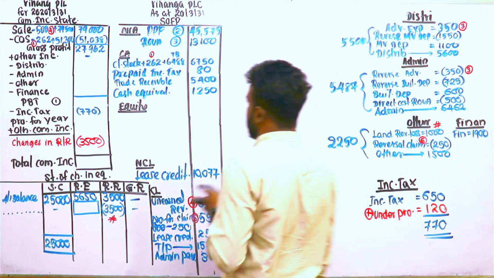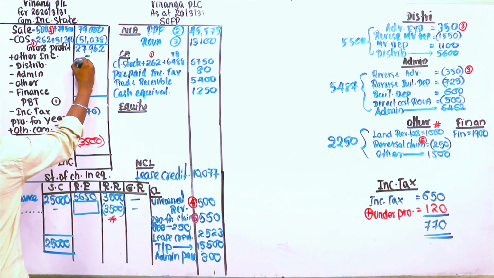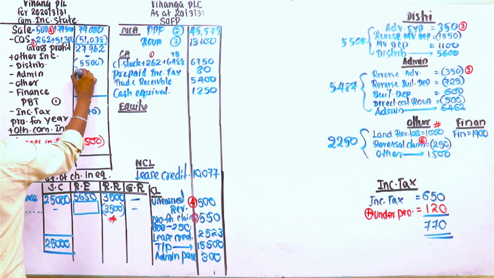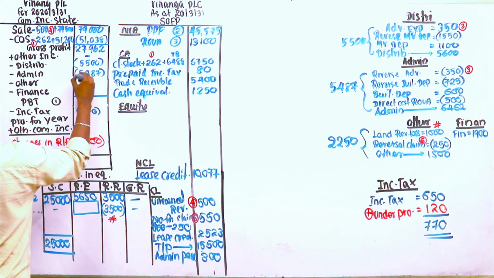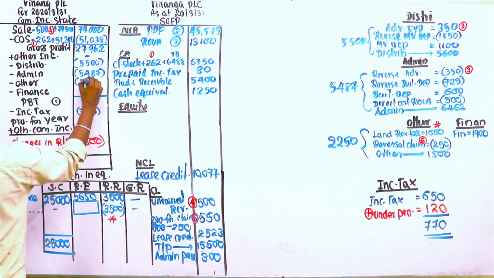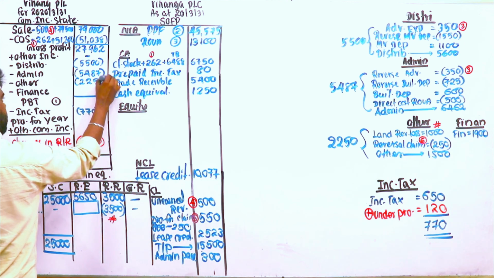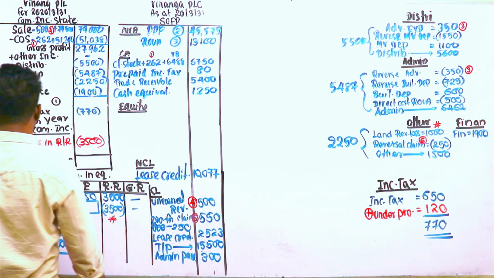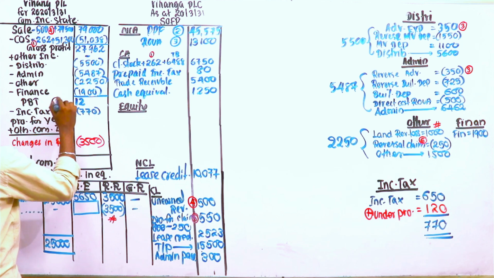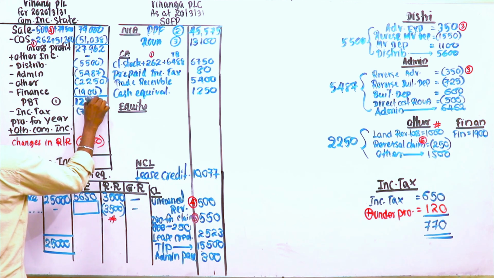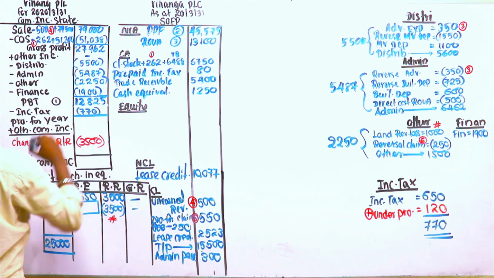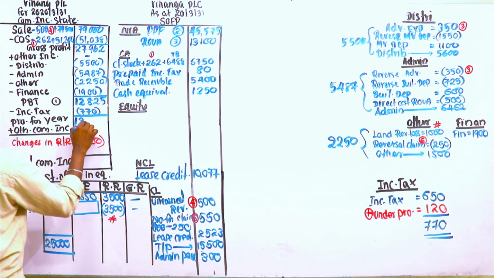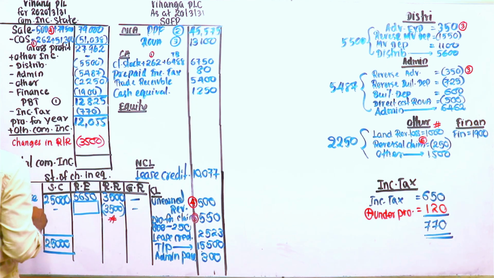Finance 1,900. So profit before tax is how much? 12,825. Profit for the period 12,055. Here 8,555.